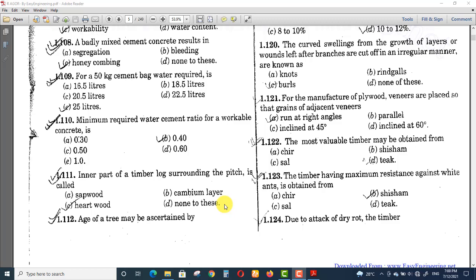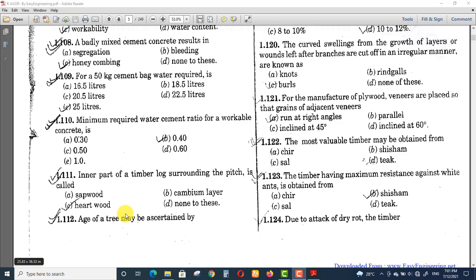So this is the fifth video for the series of FPSC preparation. I think we already did question number 11 in our third video, and in the last video, which was the fourth video, we discussed timber, because from question number 111 to 135, I guess all the questions are related to timber and wood.